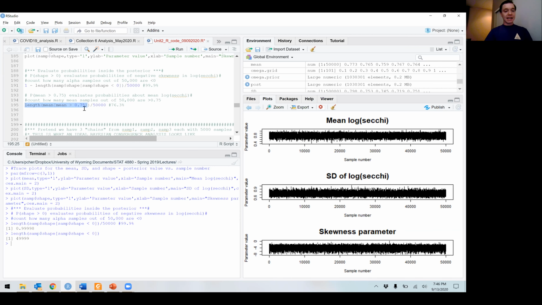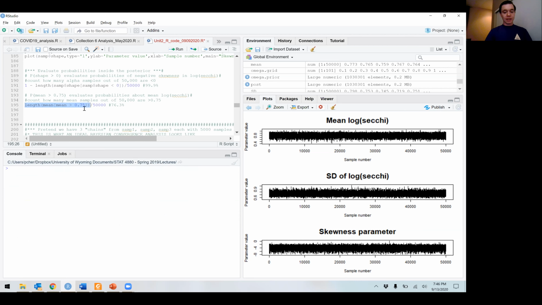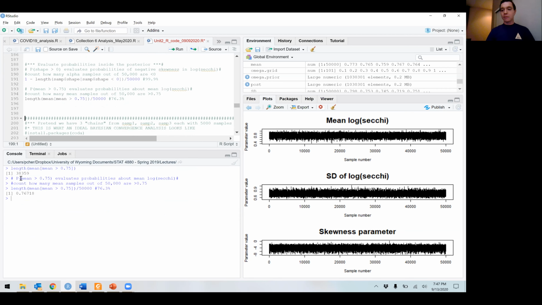I find how many times out of 50,000 do I observe a mean greater than 0.75: 38,359 out of 50,000. That means the probability of a mean being greater than 0.75, a number I just came up with, is 0.76, so 76.7%. Looks like I was working with a different seed number, and this is off by a couple of decimal points.